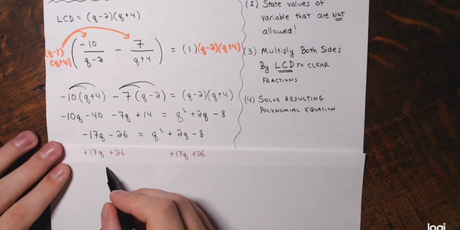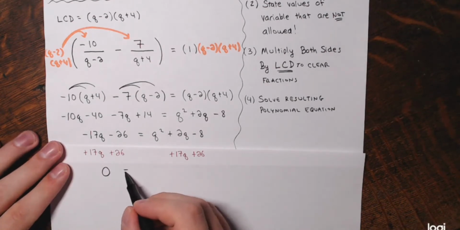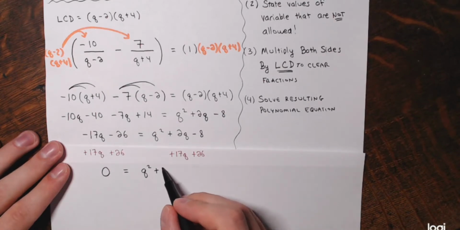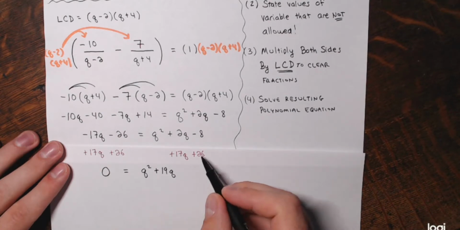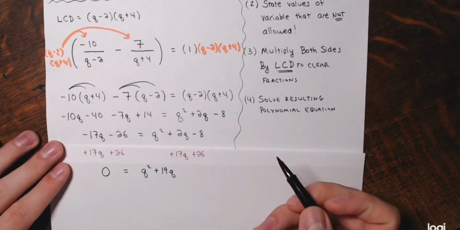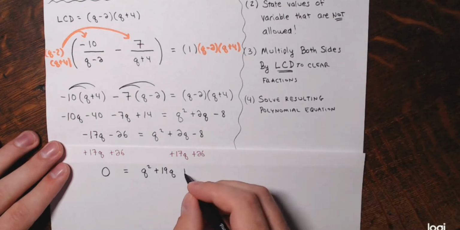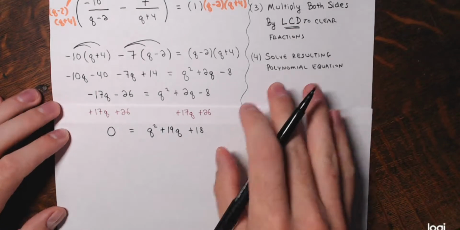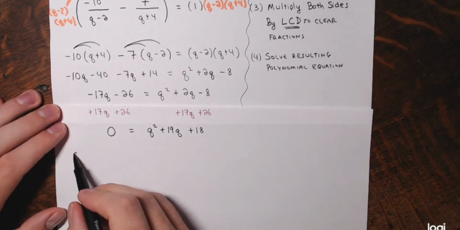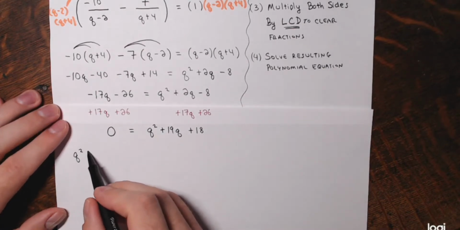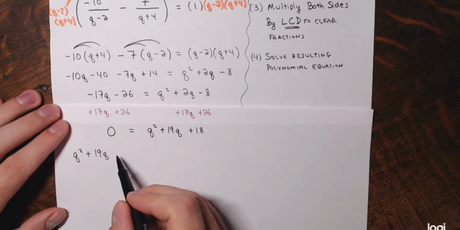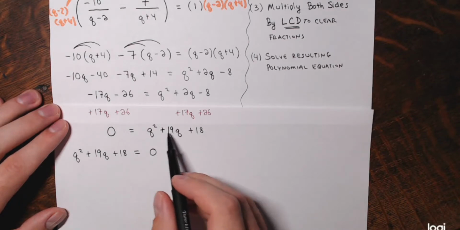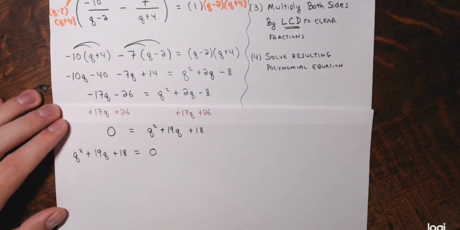So I've got 0 on the left side now, and then q squared plus 19q, and then 26 minus 8 is plus 18. And you know me, you can switch the sides. You don't have to do this, I just prefer it myself. I'm just switching the sides, so this expression is on the left and 0 is on the right.